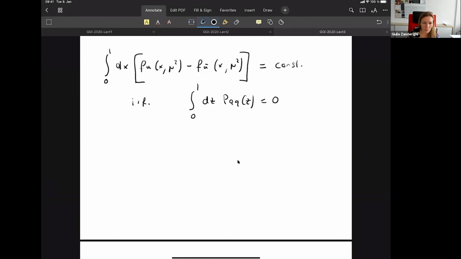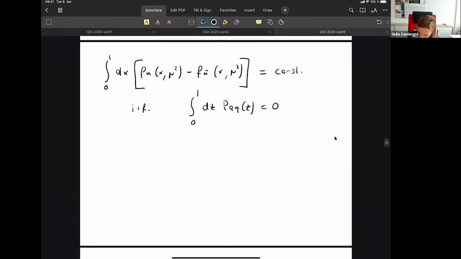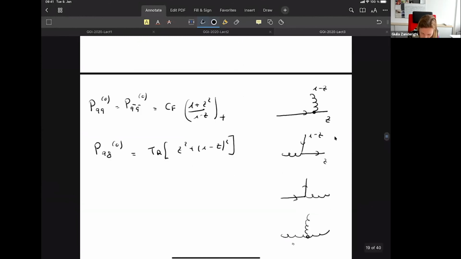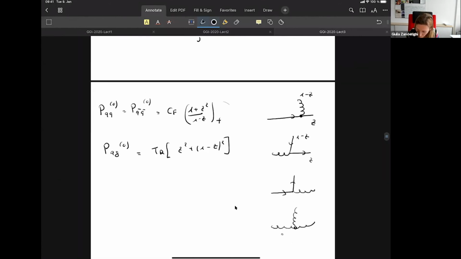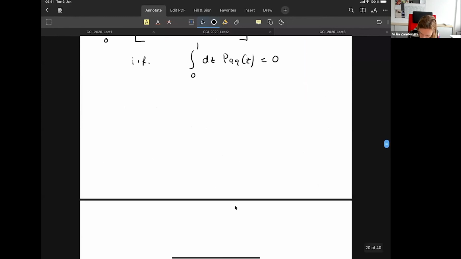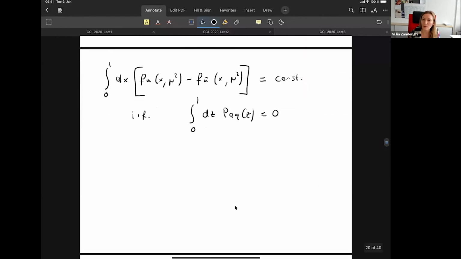So the splitting function typically involves a real and a virtual term. And I told you the virtual term is encoded in this plus prescription. So implicitly you say that this is the case. But you can explicitly compute this virtual correction by simply using that relation, by using the fact that you know that this has to integrate to 0.